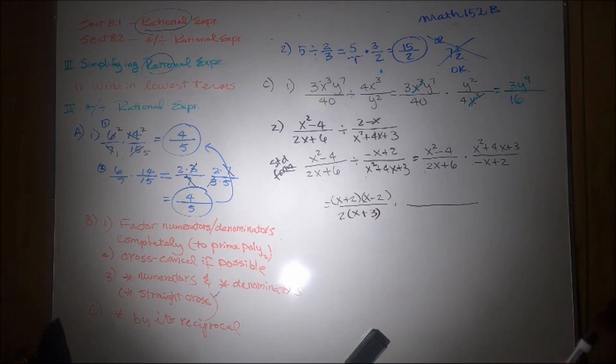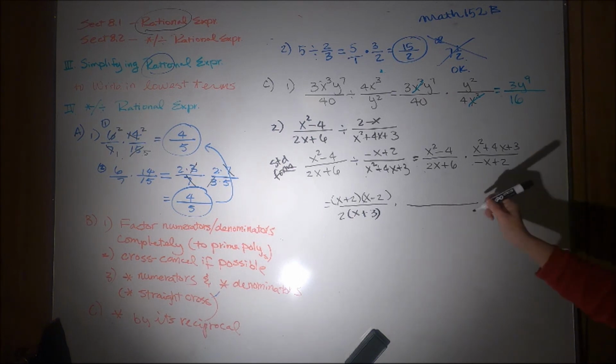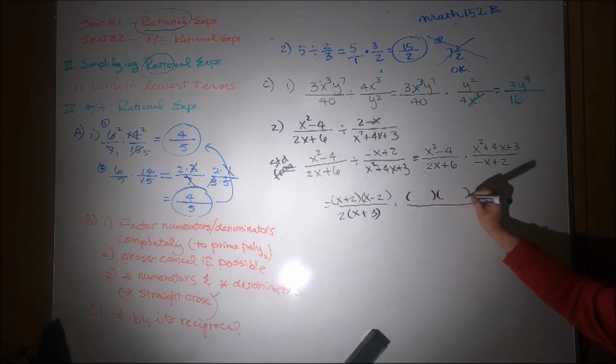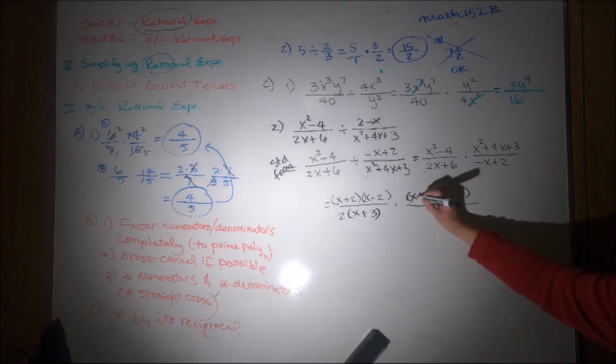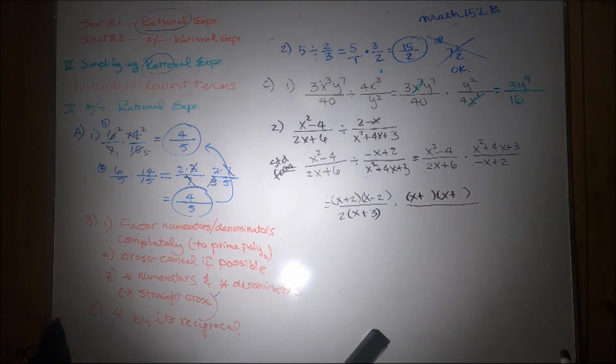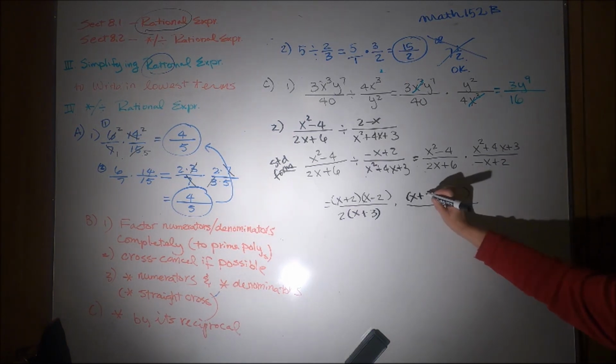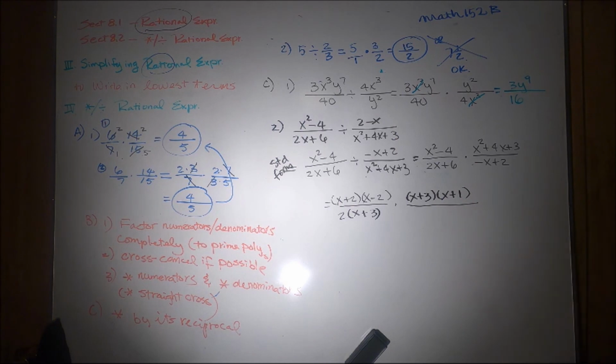Then for this trinomial, the leading coefficient is 1, so you can just do x, x. Multiplied together is 3, added together is 4. Which numbers will work? 3 and 1: 3 times 1 is 3, 3 plus 1 is 4.